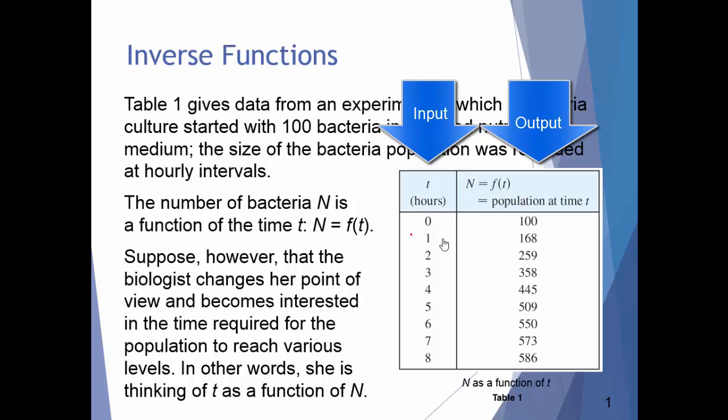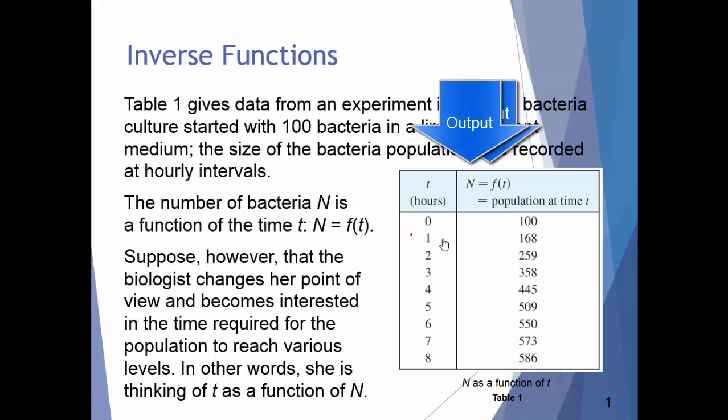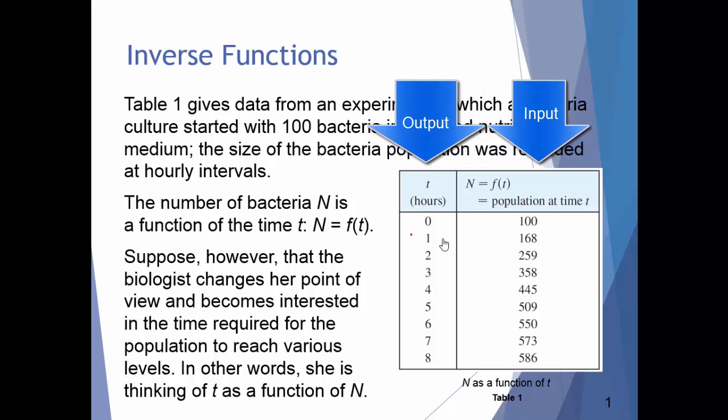If that's the question you're asking, you're no longer looking to find n as a function of t. You're now thinking of t as a function of n. You want to input a number of bacteria and output the time at which that population occurs.